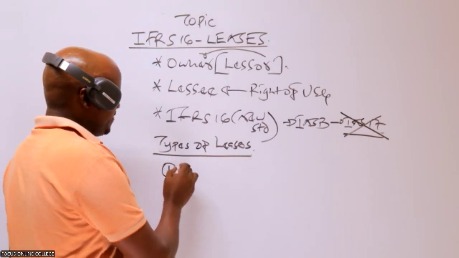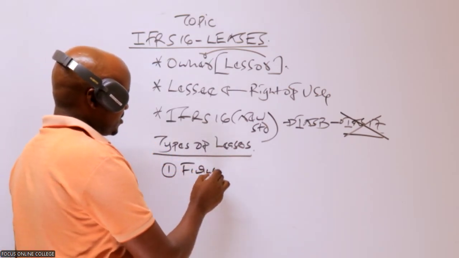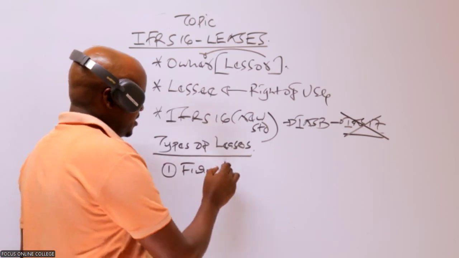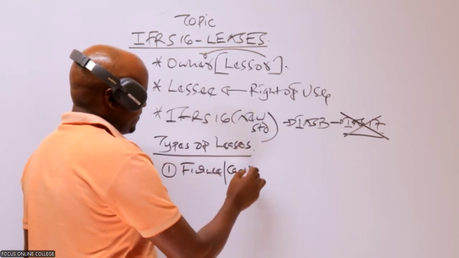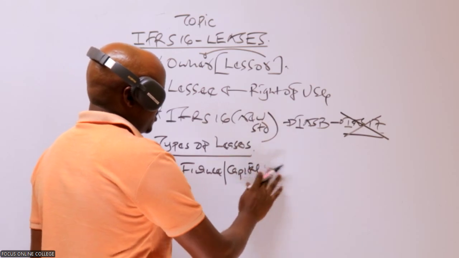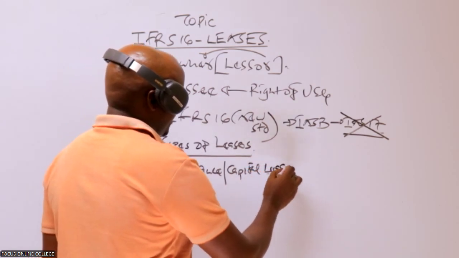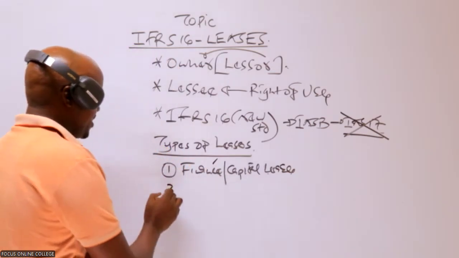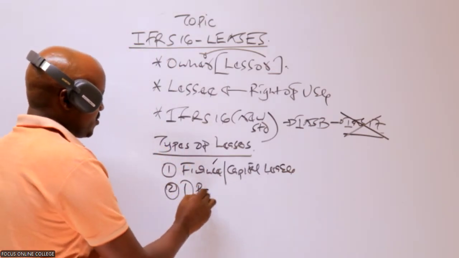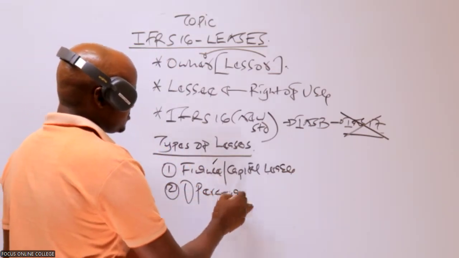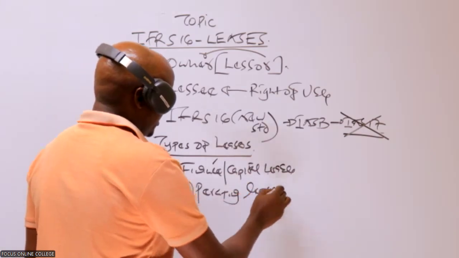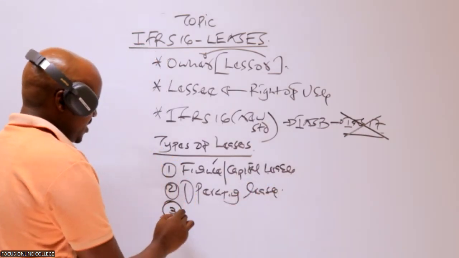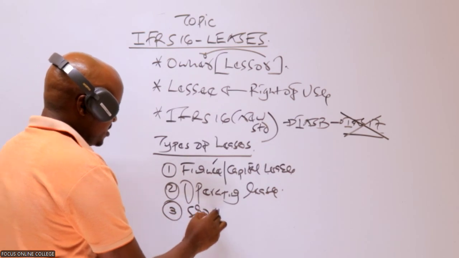One, we have the finance lease. In some books this is referred to as a capital lease, but the key term used by the standard is the finance lease. Number two, we have the operating lease. And number three, we have something called a short-term lease.